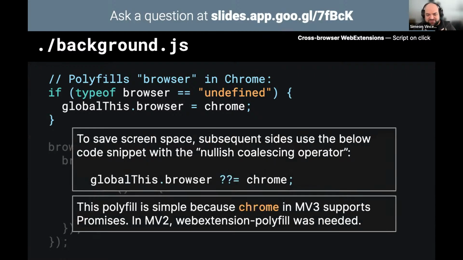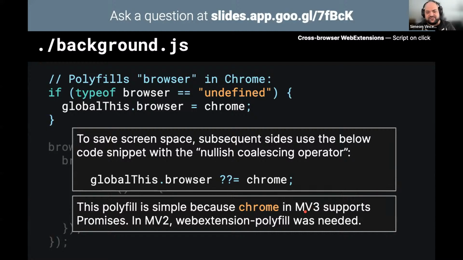So two quick notes about what we're seeing here. First, in order to save space, instead of using three lines to do this simple polyfill, we're going to be using a nullish coalescing operator, the double question mark equals. This is nullish coalescing assignment specifically. So basically this line does the same thing as these three lines. It's just going to save space in future slides.